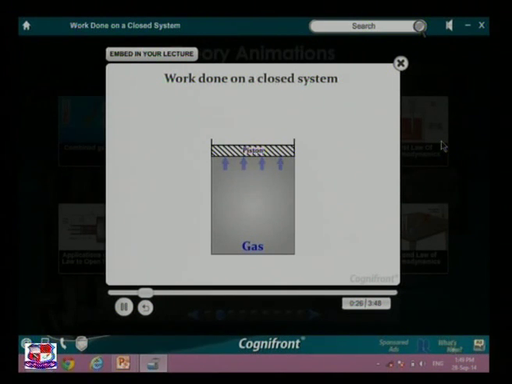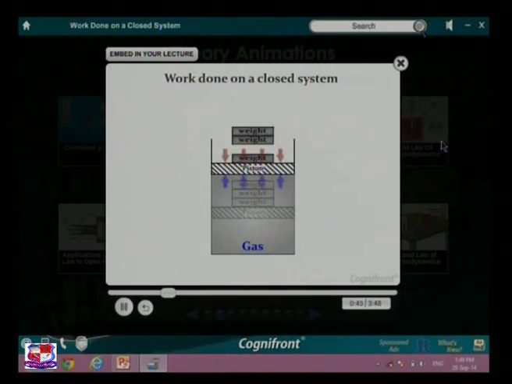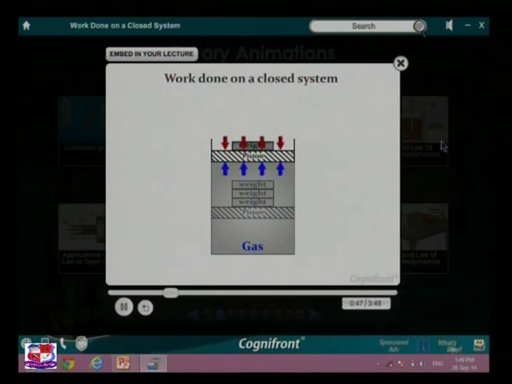Consider a piston cylinder containing a certain amount of gas. Now observe that the pressure exerted by the gas is balanced by the weights on the piston to keep the system in equilibrium. If we reduce some amount of weight, then in that case piston will move upwards through small distance dl because of the pressure of the gas.